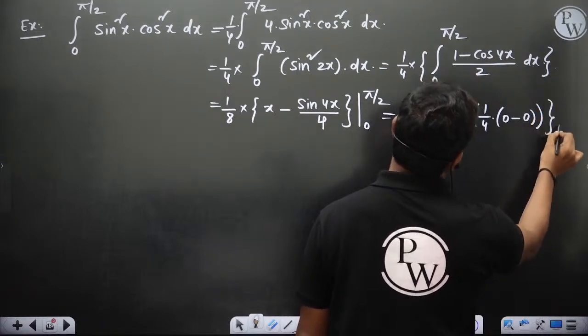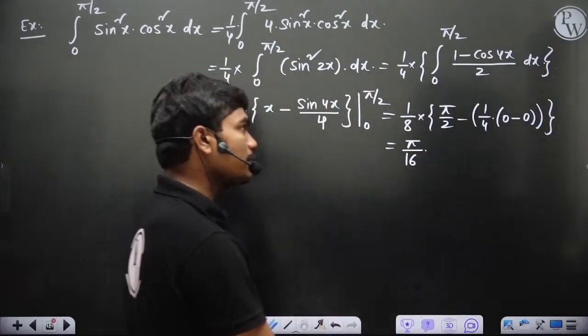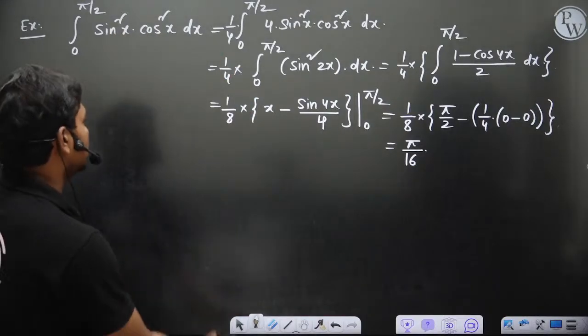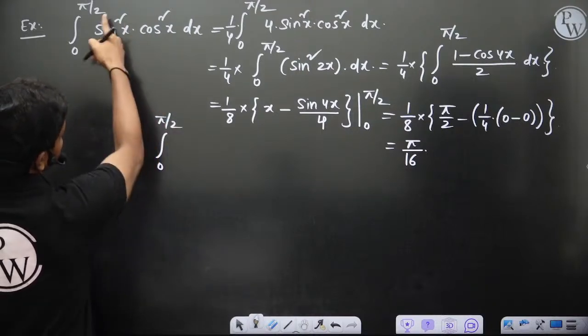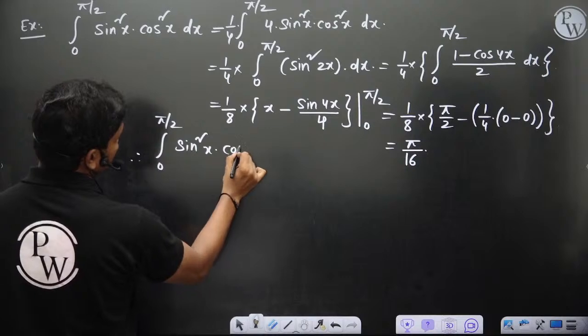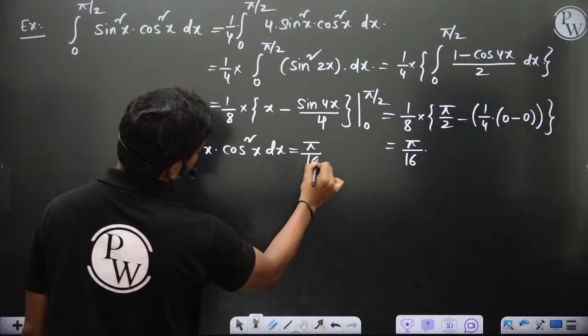So basically the second term is 0, so this value is pi by 16. Okay, so pi by 16. So this integral value is actually pi by 16, the actual answer. Imagine the powers are very small, it's 2 and 2, that's it. So sine square x times cos square x dx is of course pi by 16, that's what you got.